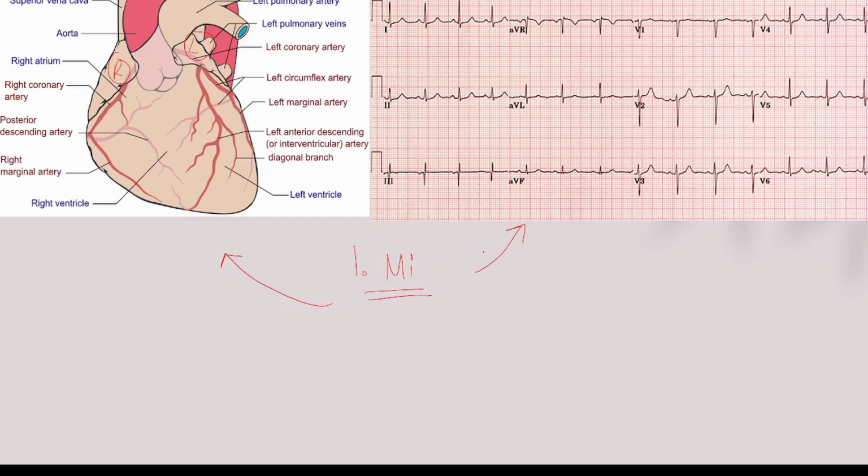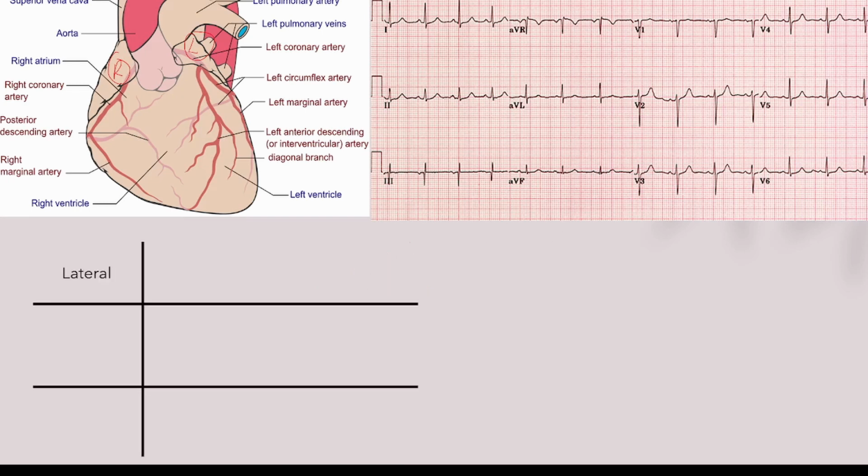The answer is yes, because we know the directions of the leads and how they correspond to the heart. So if there was a problem in one of the coronary arteries supplying a certain area of the heart, let's say the left side or the inferior side, there's a blockage, we will be able to see this on the ECG.